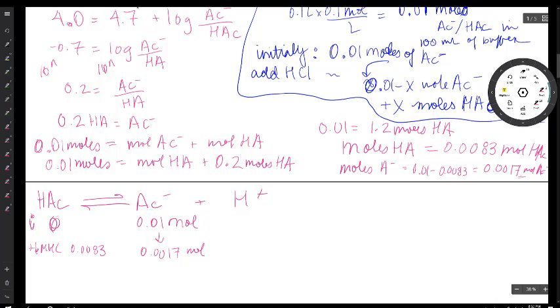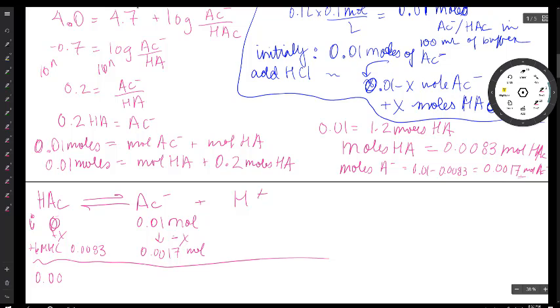And so that means minus x, plus x. If we solve for the change that happens, you'll notice that when we start with acetic acid at zero, 0.0083 moles of that acetate are then converted into acetic acid.